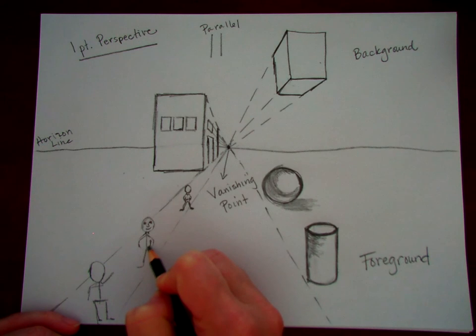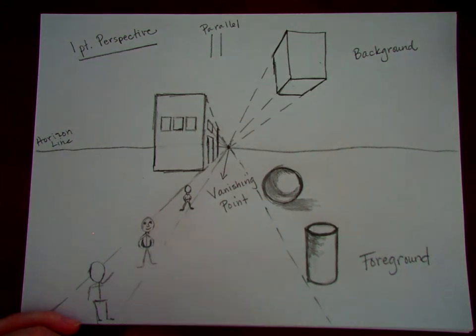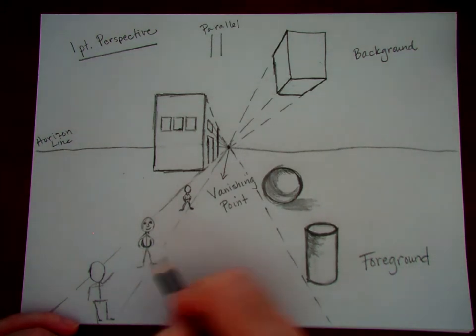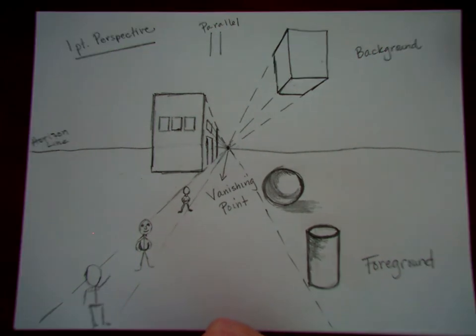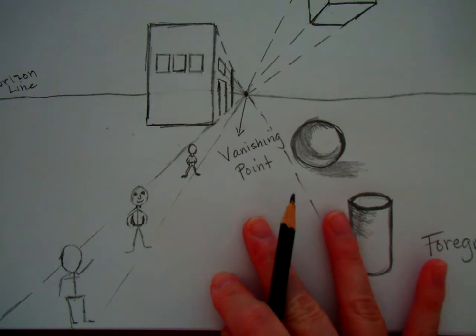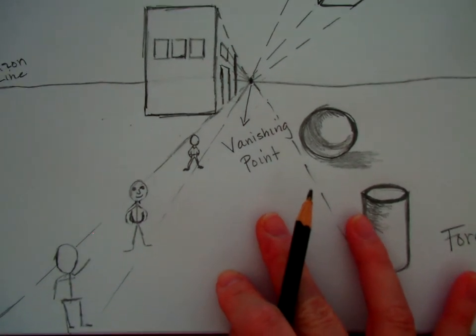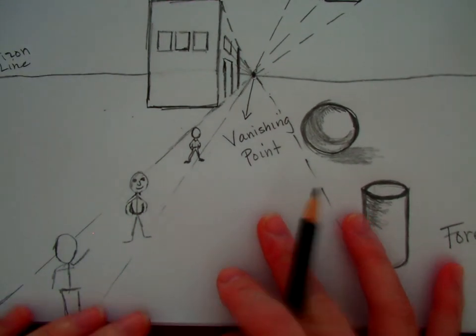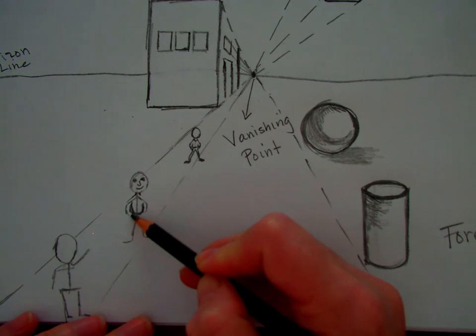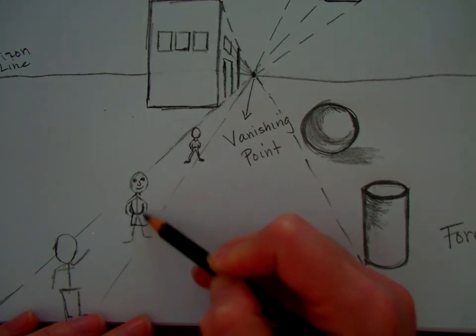So it's got the stomach. Maybe I'll make this one a she. I'm going to put the hands behind because I don't want to have to fuss with the hands. Well, you can see what I'm doing. I know I'm drawing really small there. Maybe we'll give her her skirt.